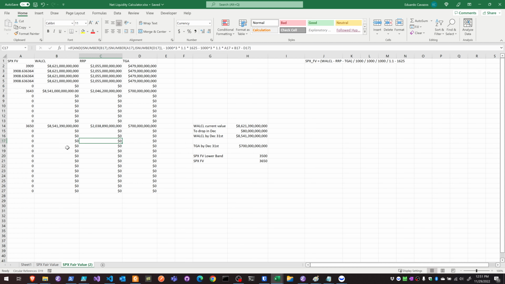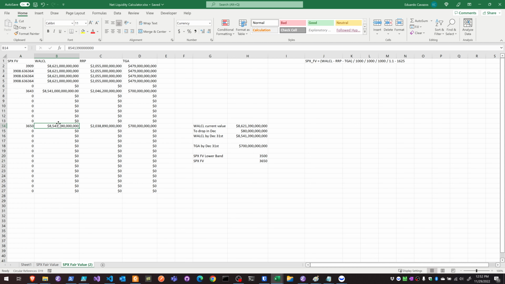Okay, so there's this table here, and it's got the 4 components of the equation, right? Fair value, balance sheet, reverse repo, and TGA. The way this table is set up, if you enter any 3, it will give you the missing 4th value. So if you know Fed balance sheet, reverse repo, and Treasury General Account, it will calculate SPX fair value, et cetera. Here's the row where I ran the numbers. We know we want SPX fair value to be 3,650.